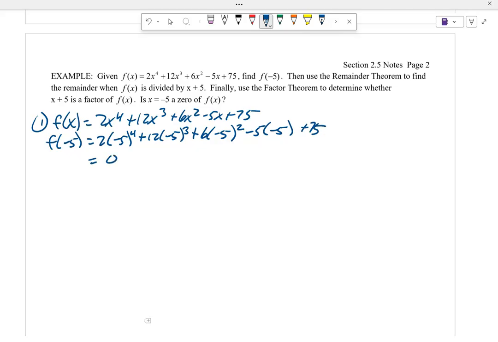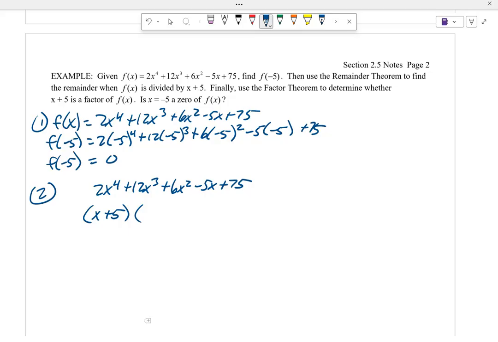And this actually ends up being 0. So that means our remainder is 0. That means it's a clean factor. In other words, if I'm taking this original 2x to the 4th plus 12x cubed plus 6x squared minus 5x plus 75, and I'm dividing it by x plus 5, right?